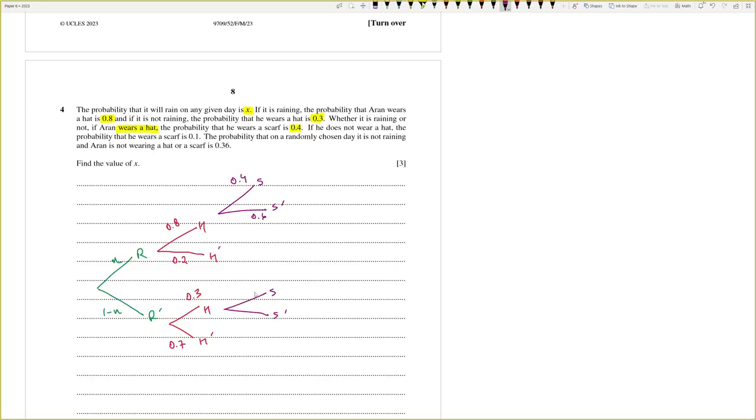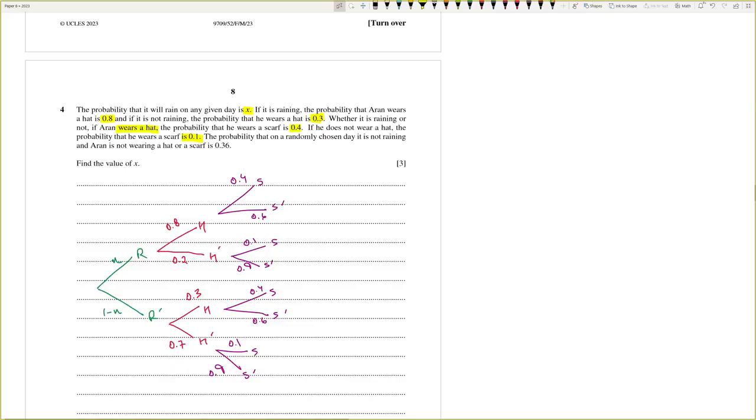This is going to be 0.6, 0.4, 0.6. And if he does not wear a hat, the probability that he wears a scarf is 0.1 for both cases. Scarf, no scarf, 0.1, 0.9. See if you guys get it. I tabulated all the information in this tree diagram.